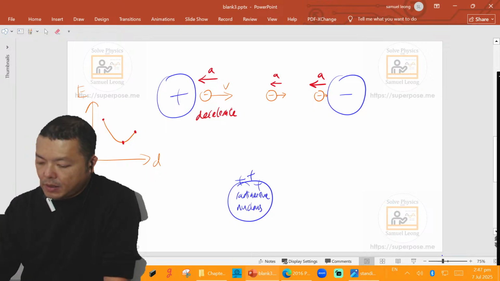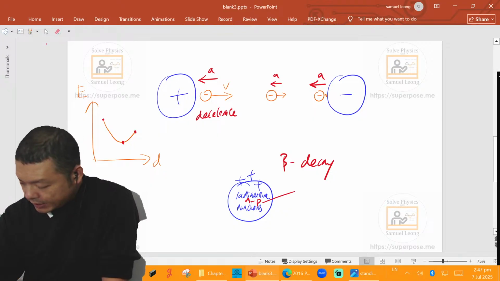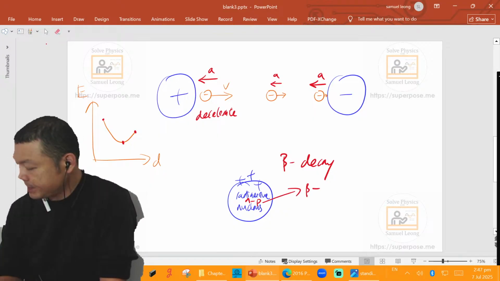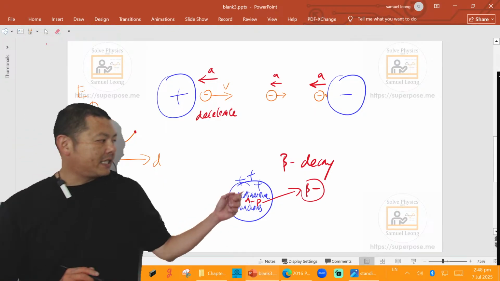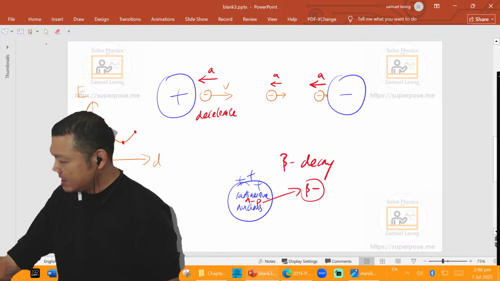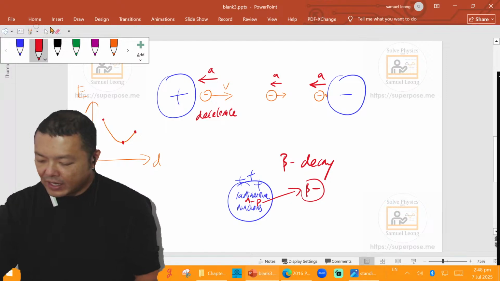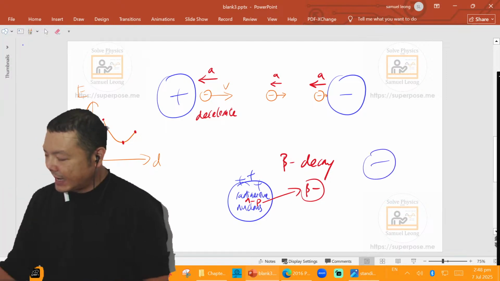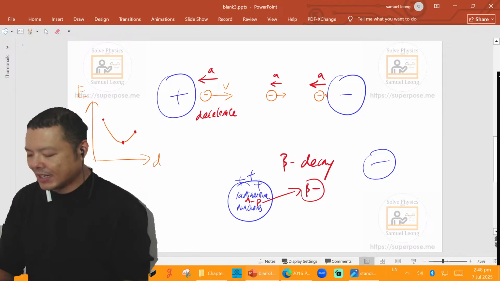But during beta minus decay, one of the neutrons inside will become a proton, and in doing so, it will shoot out a beta minus particle. A beta minus particle is negatively charged. So as it's being shot out, it's actually being attracted backwards by the nucleus again. So that's the idea. I guess that's the only way I can tell you how this can be a thing, how this can be asked. That's the only thing I can think of.